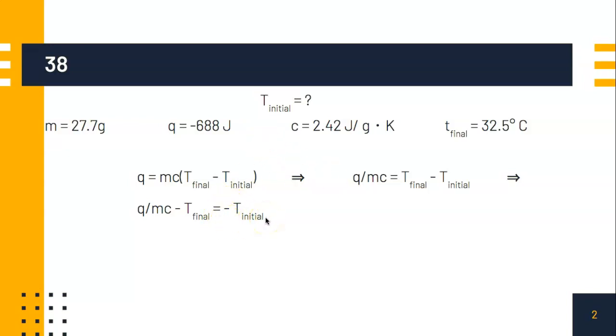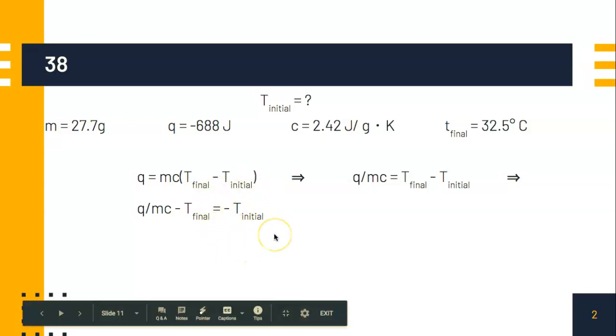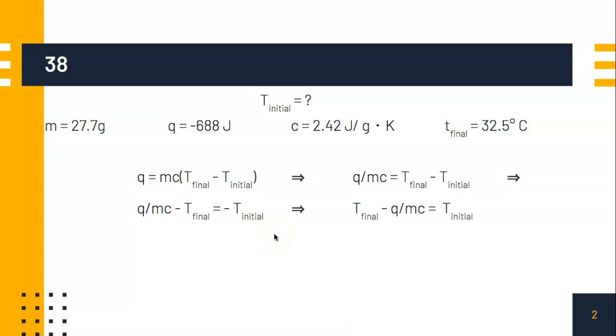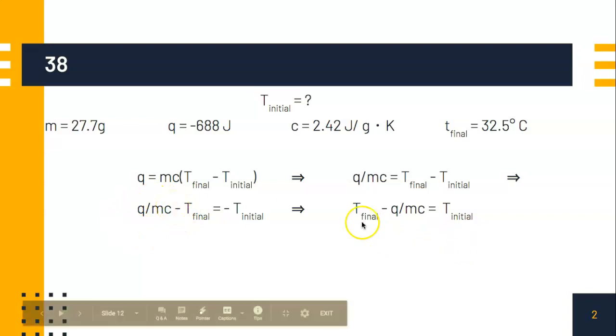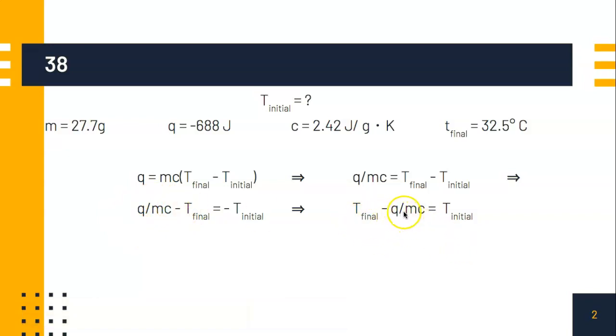So I'm going to multiply everything by -1 to get not the opposite of T initial, but to get T initial on its own right now. And when I multiply everything by -1, this T final becomes a positive, and this Q divided by MC becomes negative, which is why I've got T final minus Q over MC equals T initial.